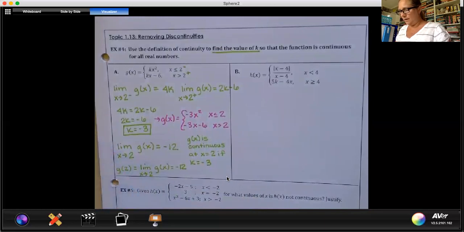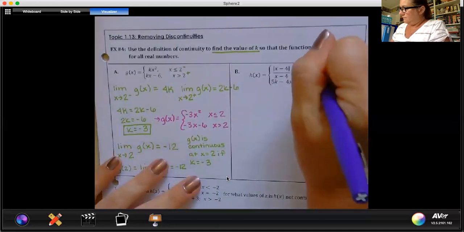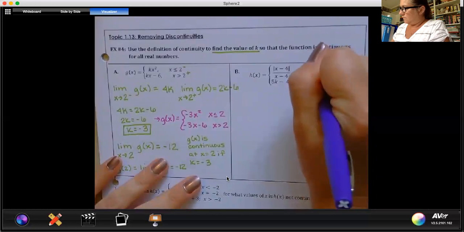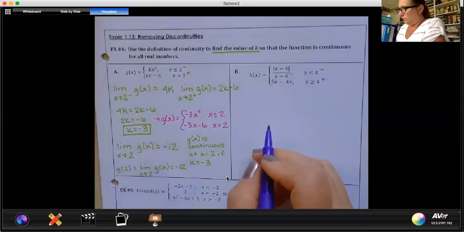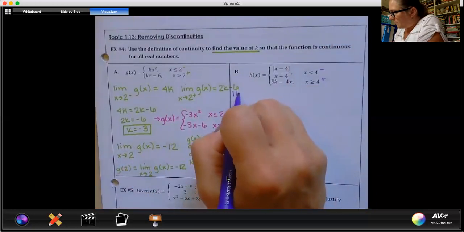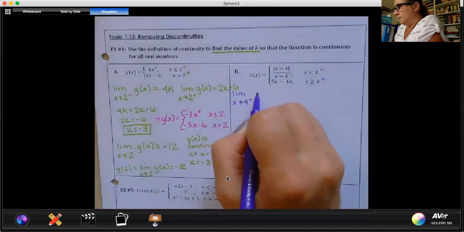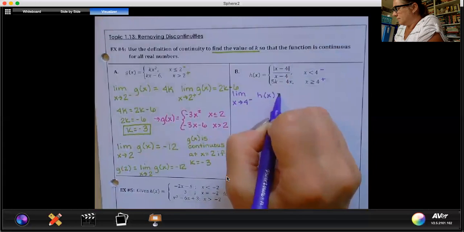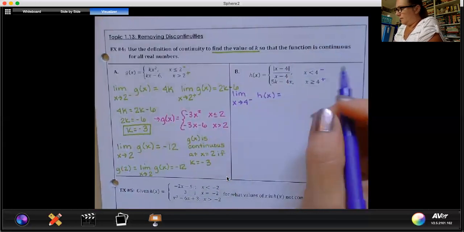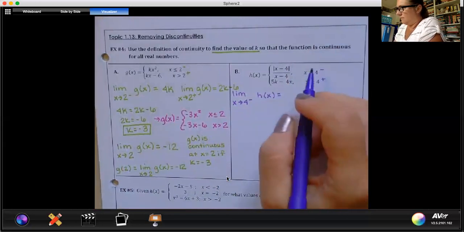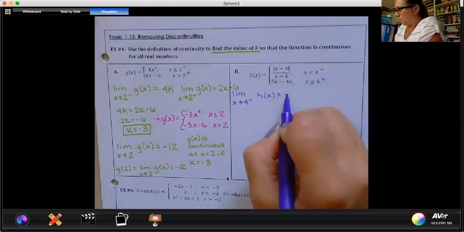All right, let's go ahead and look at part B, h of x. We have an absolute value in there. X less than 4, 4 from the left, greater than or equal to 4, 4 from the right. Start with your limit. The limit as x approaches 4 from the left of h of x. From the left indicates negative, so that would be negative 1.